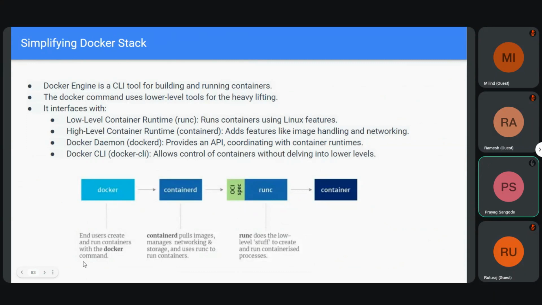So whenever we run the Docker command, the containerd component gets activated, which is responsible for pulling the image and networking storage. It in turn gives the request to runc, which is the low level container component in the Docker stack, which does nothing but create and run the containerized process. So Docker is nothing but a combination of containerd and runc. Containerd is the high level component and runc is the low level.